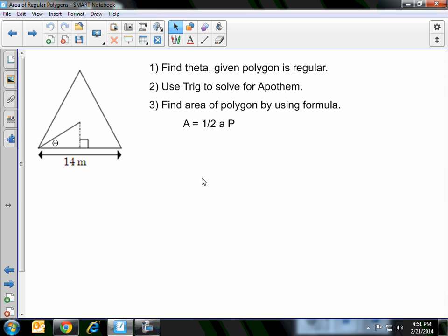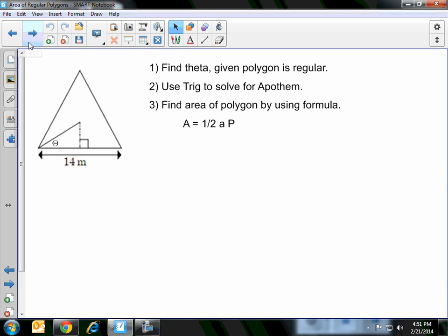All right, so we will go on to our first step of finding theta. To find theta, we're going to go back to something that we hopefully learned in the very first semester, the very first 9 weeks. And that's that any polygon has a formula for the sum of all of its angles.